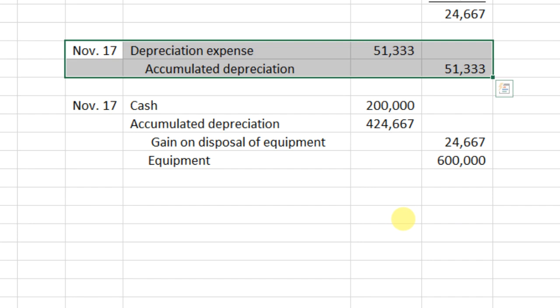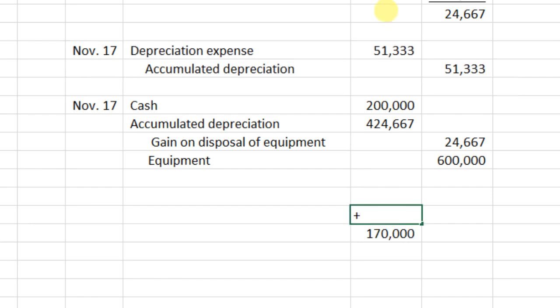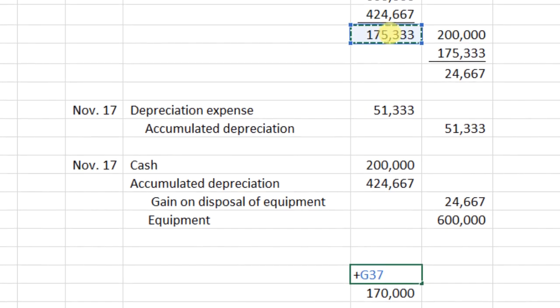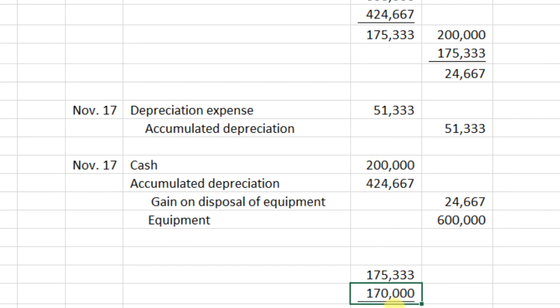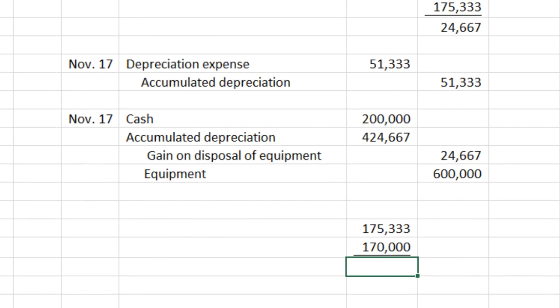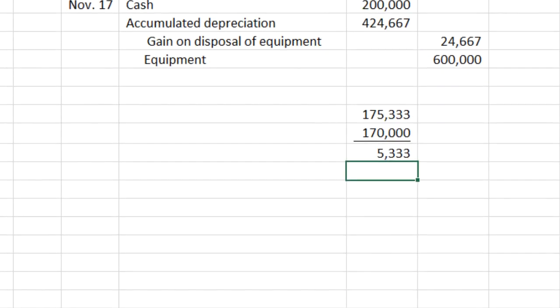So if we sold this for 170, our book value we've already determined is 175. So we're getting less than book value. Not as happy a day for us, but in any case, you can see that what happened here is we lost $5,333.